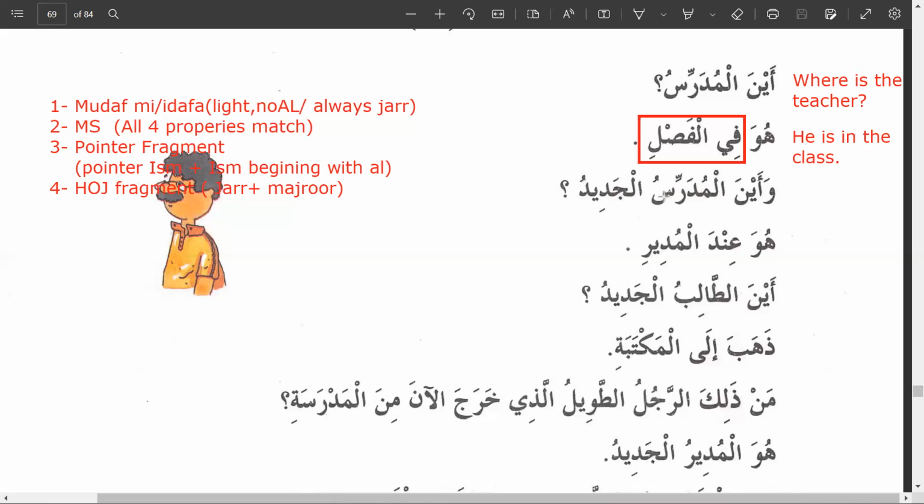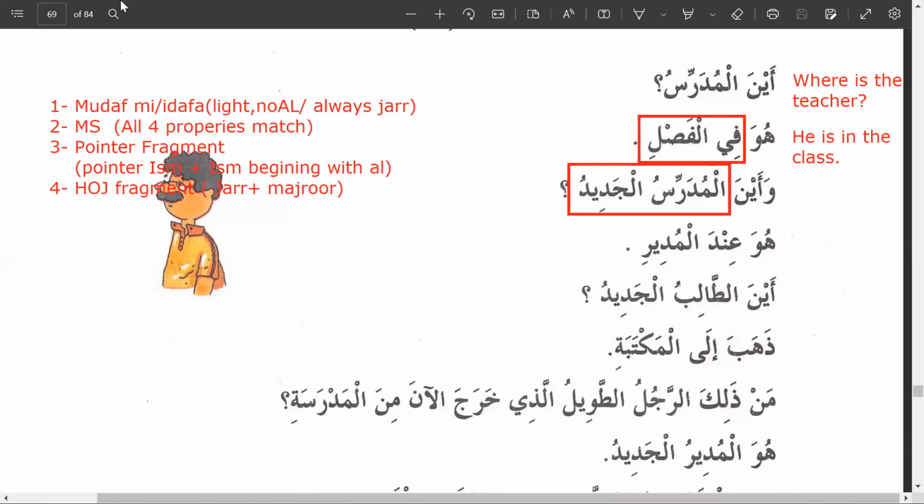Do they match? Yes. How? What is the status? SNGT: status, number, gender, type. So what's the SNGT of these two?